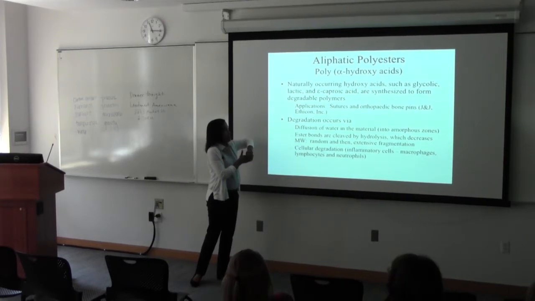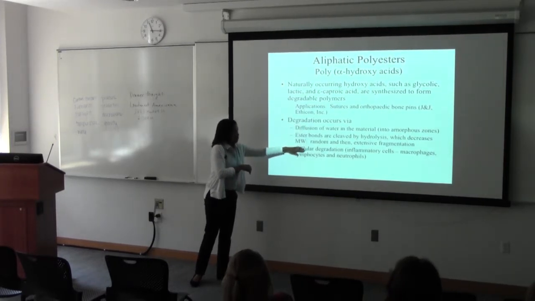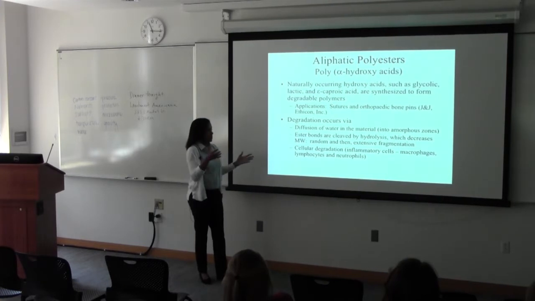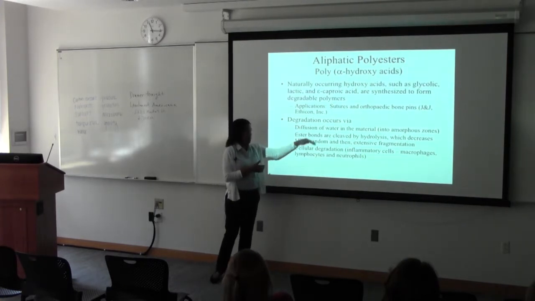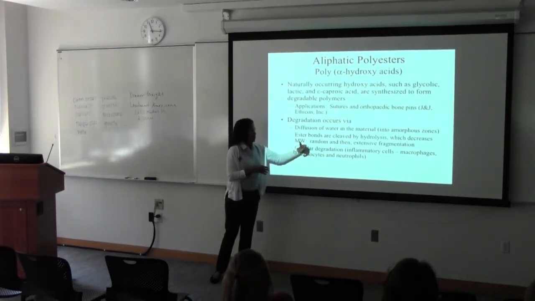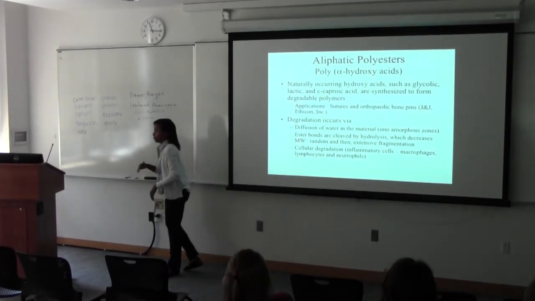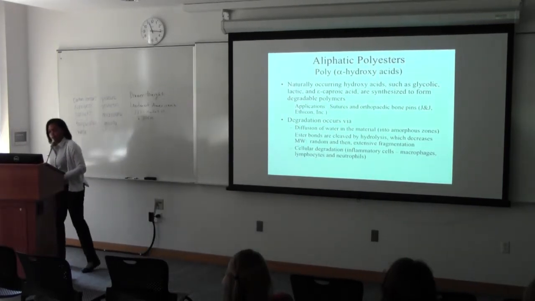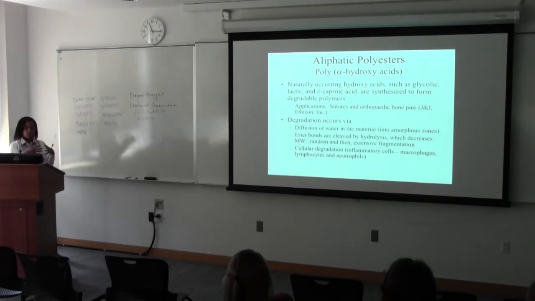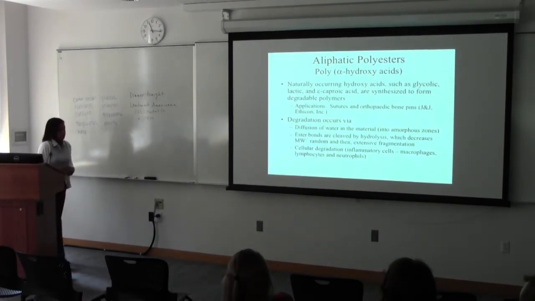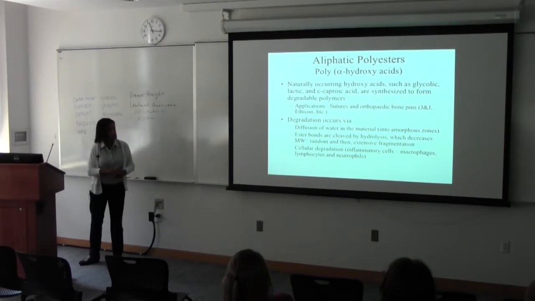And degradation is relatively well defined in terms of the rate and how it happens. With these synthetics, you generally have a hydrolysis phenomenon. Water will break down this material, and you slowly get lower and lower molecular weight, and once it becomes small enough, cells will take over and engulf the material.